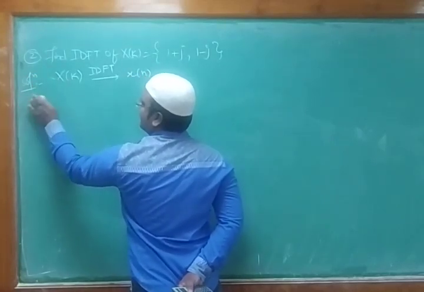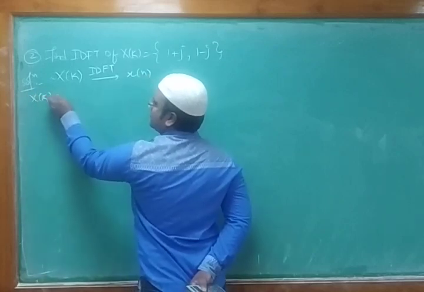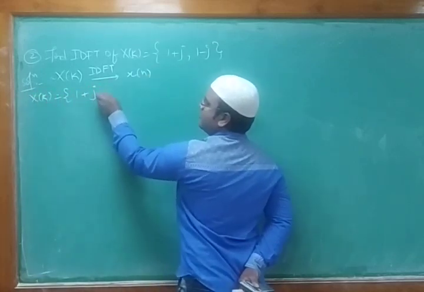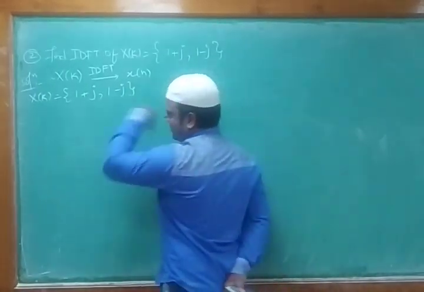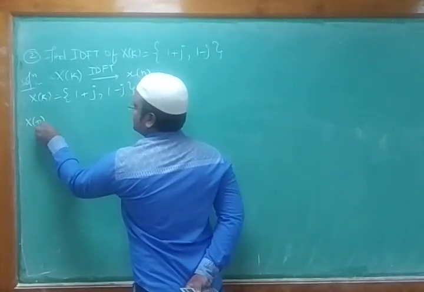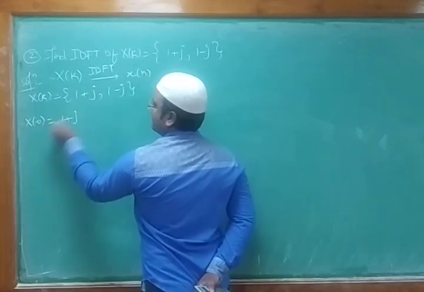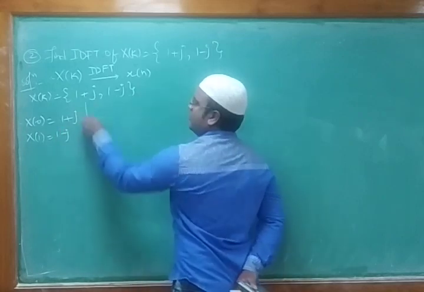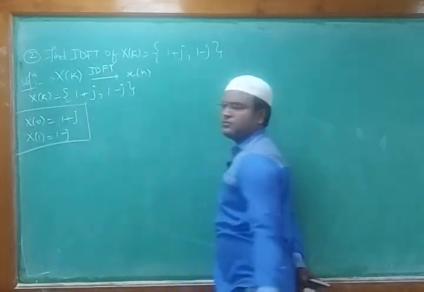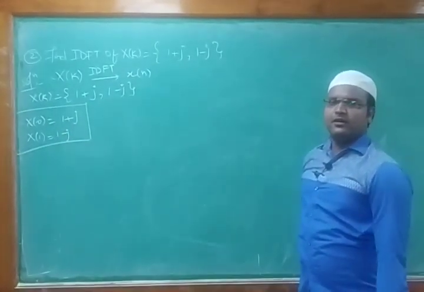So what is x of k we do have? X of k is equals to 1 plus j comma 1 minus j. So this is given. So we'll write this is what? A capital X of 0, 1 plus j, then x of 1 is 1 minus j. So now these values we know. The positions of that will keep that as it is.